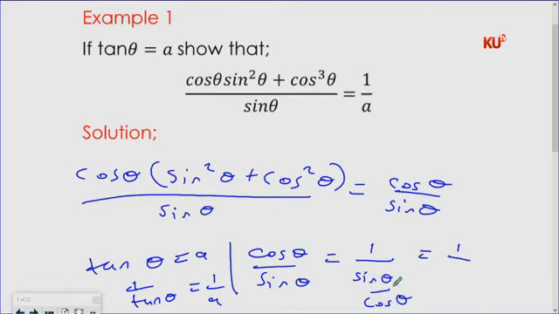From the second identity that we have just looked at, tan theta. So it is 1 over tan theta, and you remember, tan theta is the same as A. So you replace tan theta, you have your A. So we have proved that whatever is on the left-hand side is equal to whatever we have on the right-hand side, which is 1 over A. It's all about just playing around with the 2 identities that we have looked at.